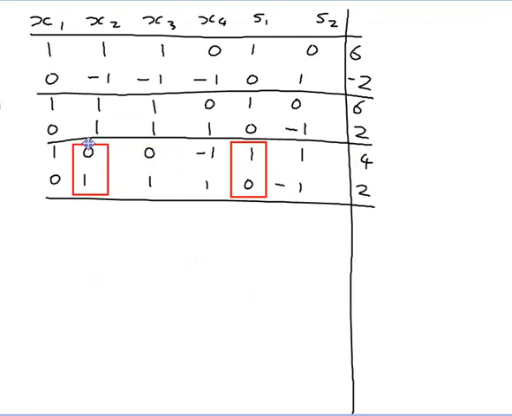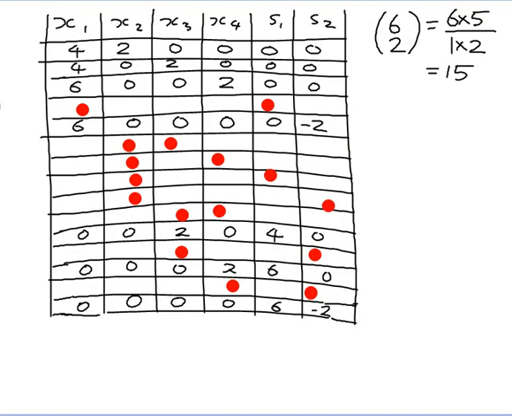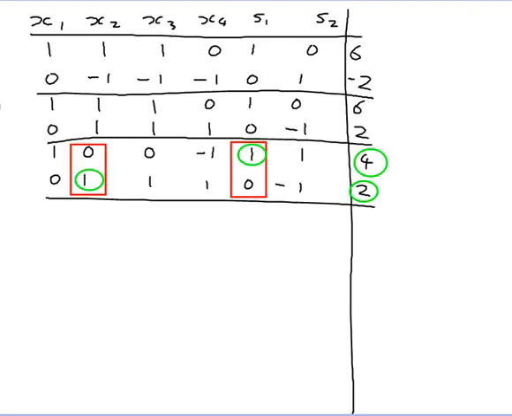If I move this here, that's another identity that's the wrong way around, and I get S1 is 4 and X2 is 2. And all the rest are 0. And I think that's all the ones I can get from that row of my matrix.